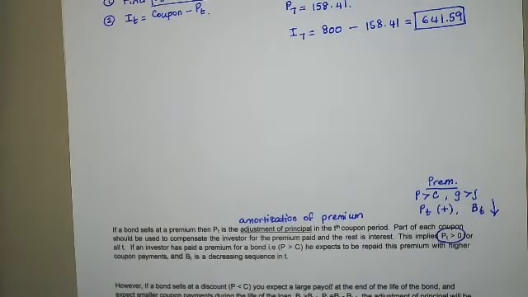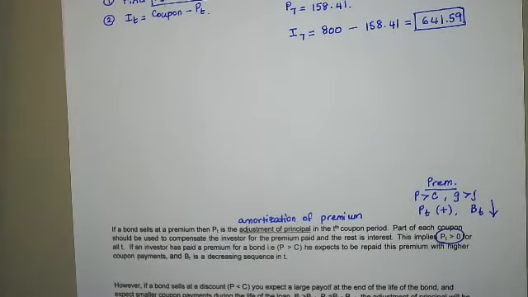Next it says, however, if a bond sells at a discount, P less than C, you expect a large payoff at the end of the life of the bond and expect smaller coupon payments during the life of the loan. B of T is greater than B of T minus 1, and there's a mistake here, we need to fix it.